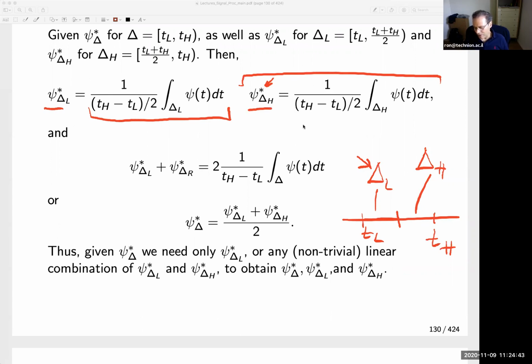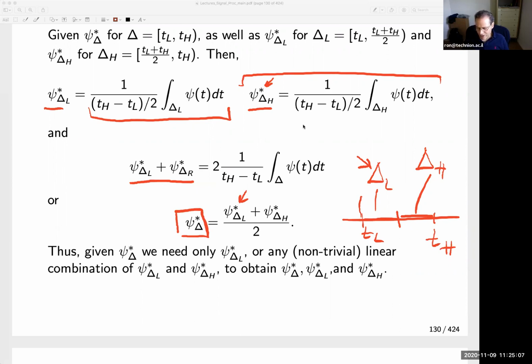And we know that if we have a representation of psi in the low interval and a representation of psi in the high interval, obviously the average of the two would give me the average over the whole interval, okay? So the average of the whole interval would be nothing but taking psi at the low interval plus psi at the high interval and taking the average of them.